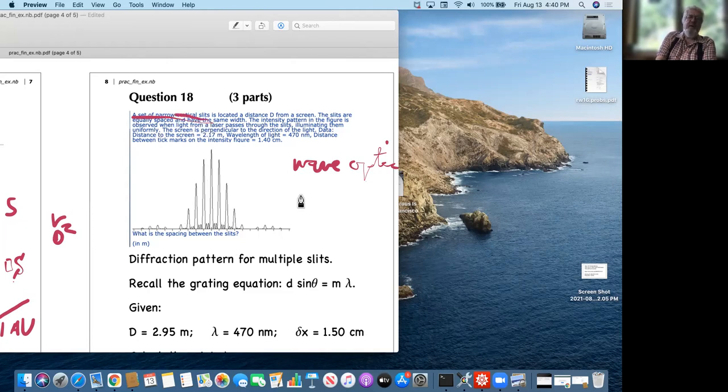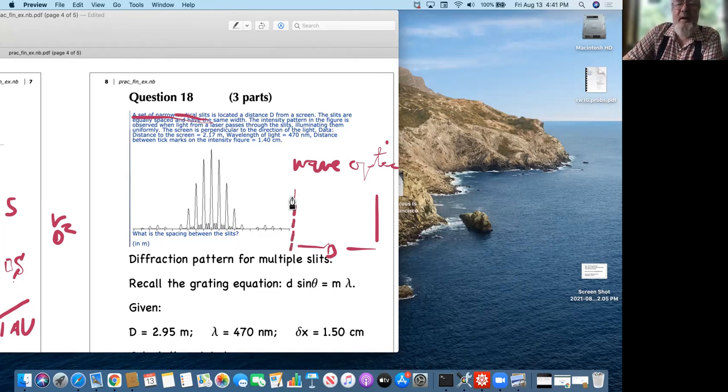So the picture looks like this. Here's kind of a top view. Here's a screen, and it's at a distance d from these slits. So here, there's a screen with openings cut in it.